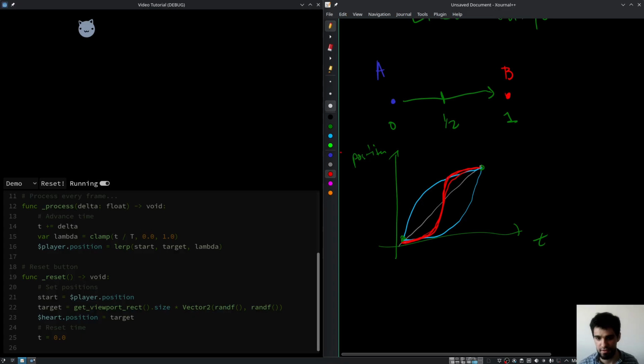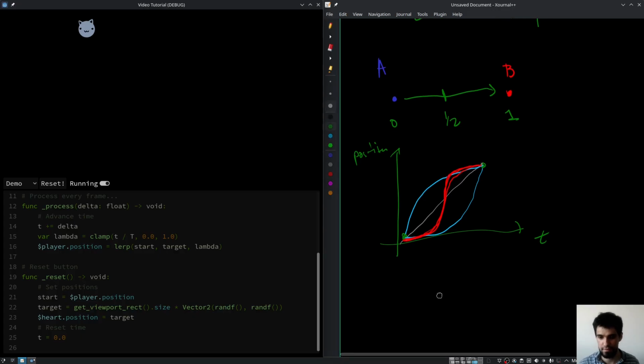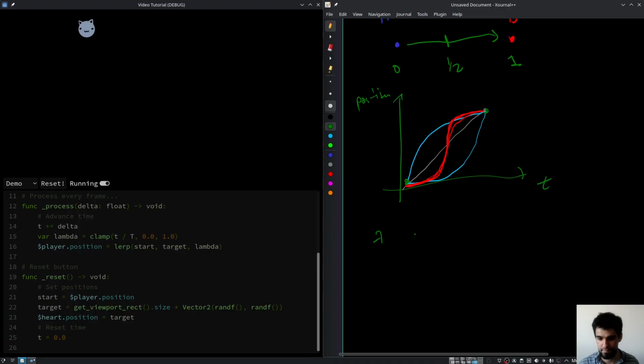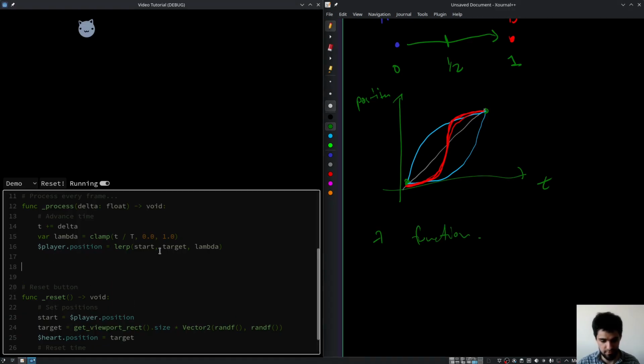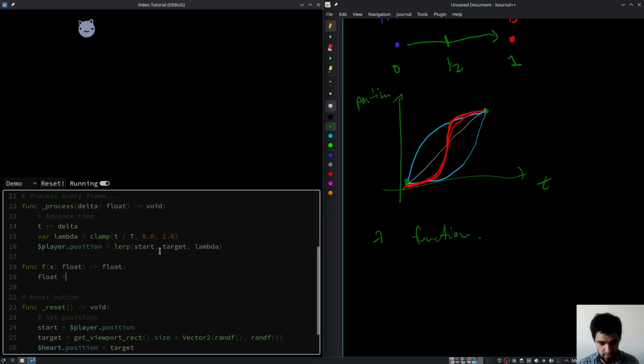And the answer is, we can change the parameter lambda by a function. So let's just write that. Let's make a function f, which takes my parameter, which I'm going to call x here. And it returns also a float. And the return is going to be x times x.